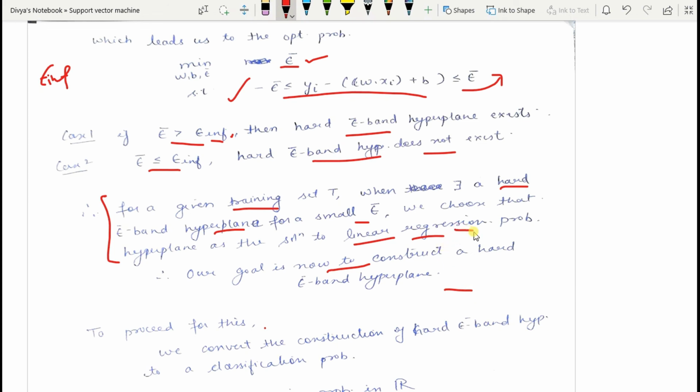So we'll convert the construction of the hard epsilon band hyperplane into a classification problem, and we know how to find the solution to the classification problem. Then we'll link the solution to the classification problem with this hard epsilon band hyperplane, and we'll be done. Any doubt till now, you can ask.